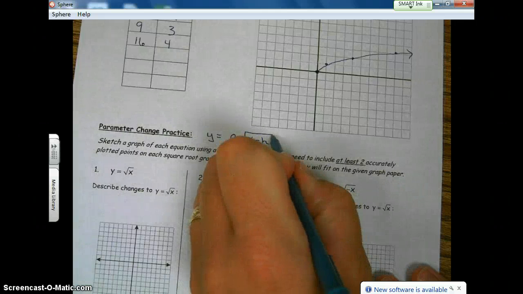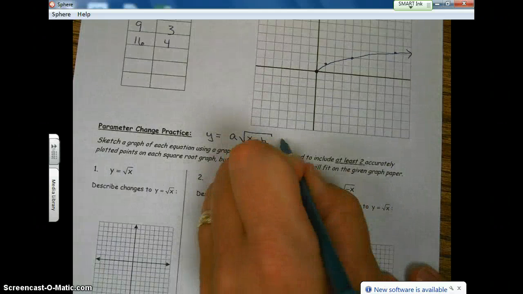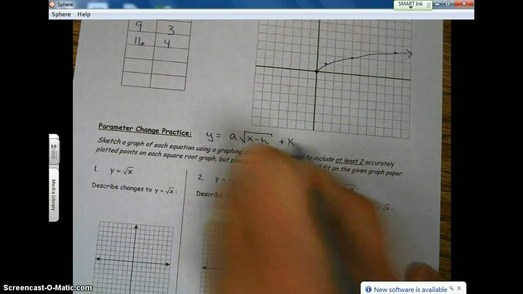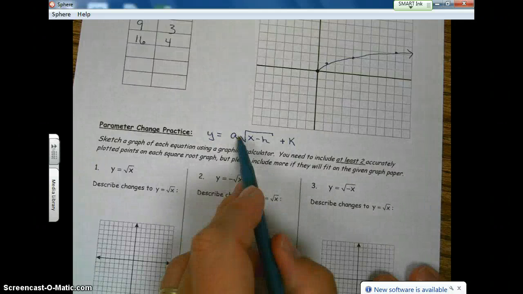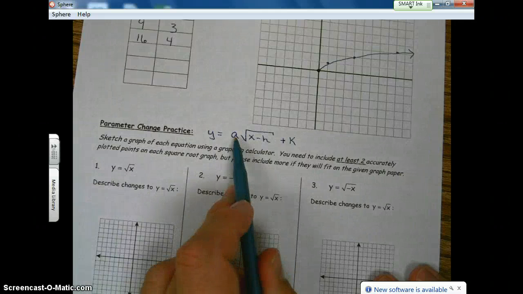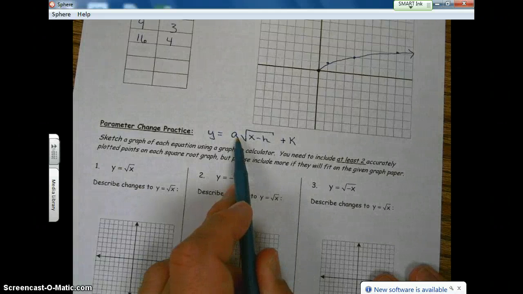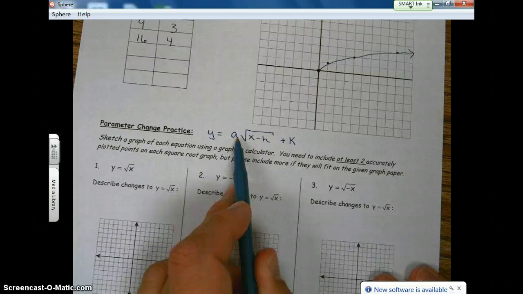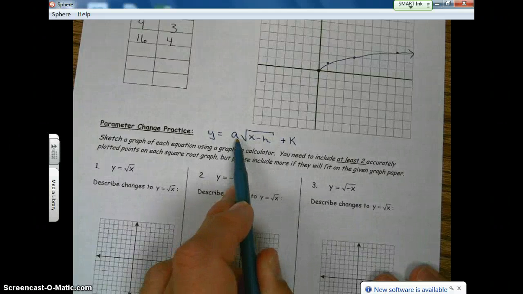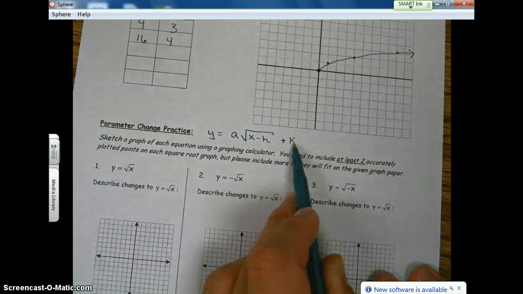I like to put a little tail because it closes there, plus k. K goes on the outside. The square root symbol is a grouping symbol. Remember, a is your vertical stretch and your vertical compression. If a is greater than 1, we have the stretch. If a is between -1 and +1, it's a compression. Left and right, up and down.